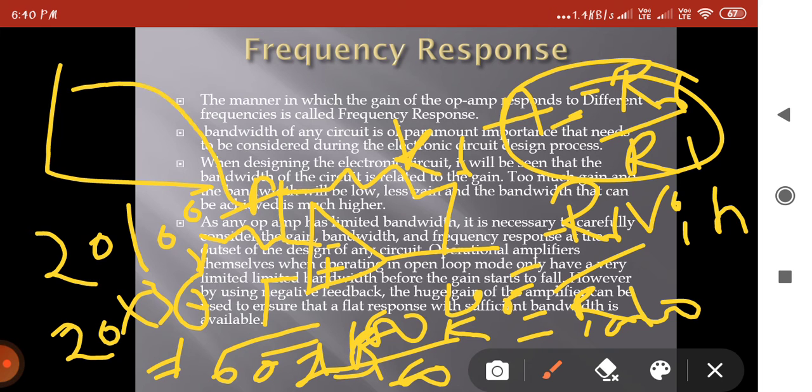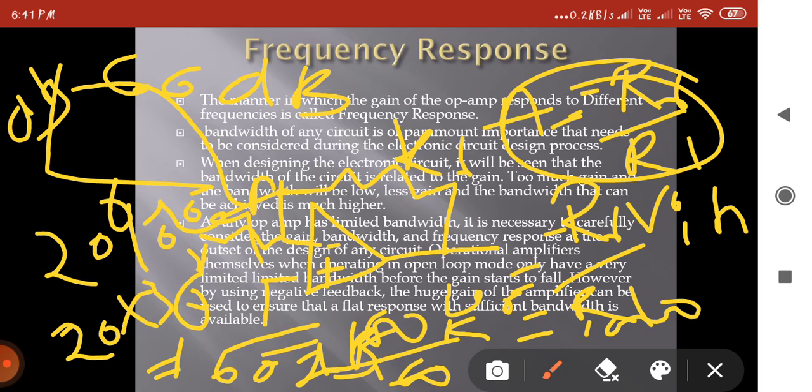This is a 60 dB response. Plotting frequency versus decibels is called the frequency response. Correct?